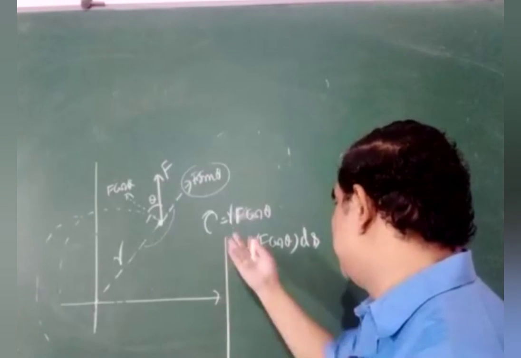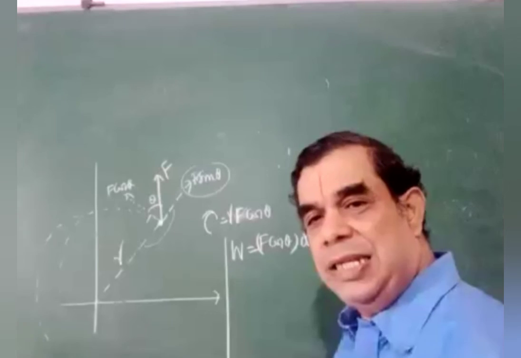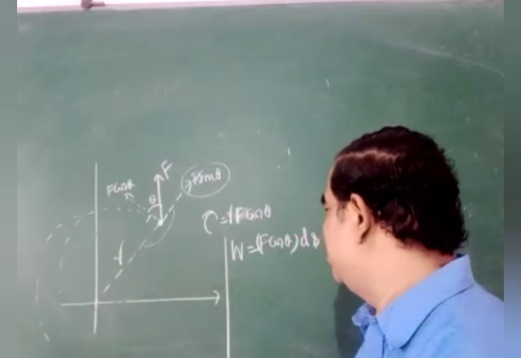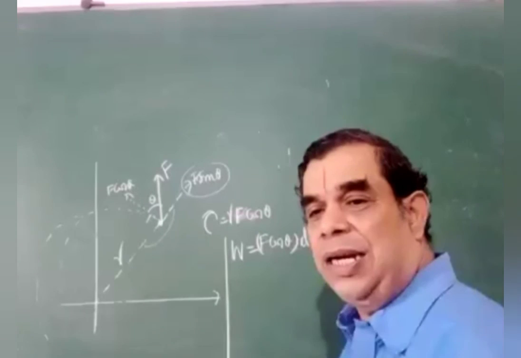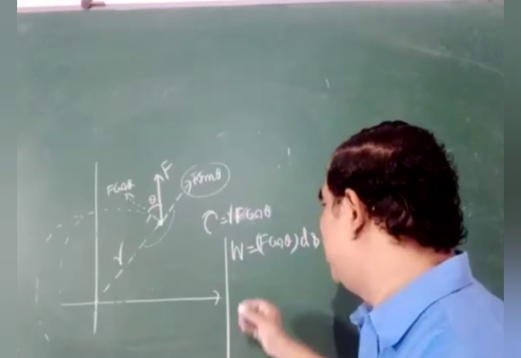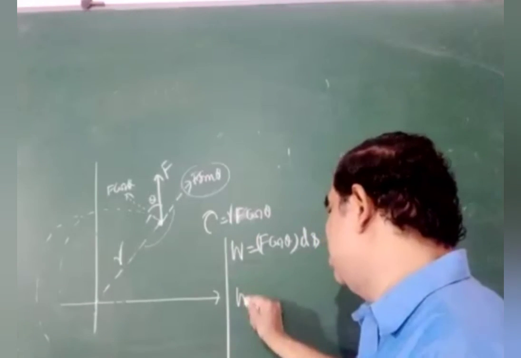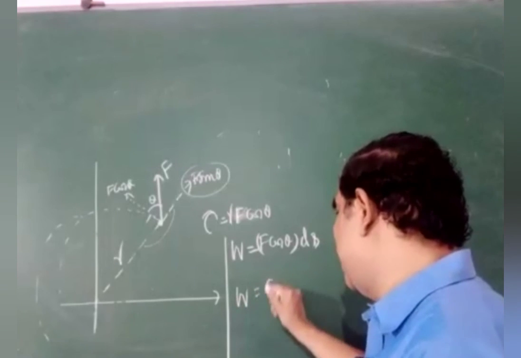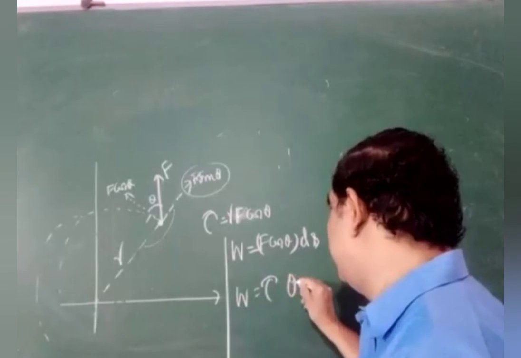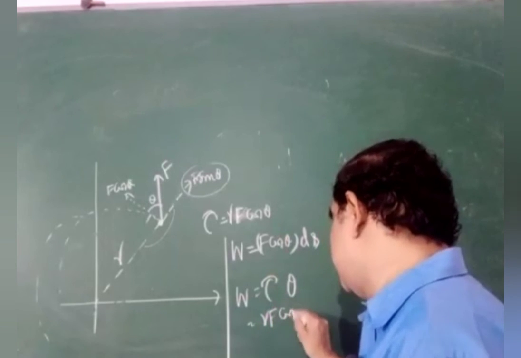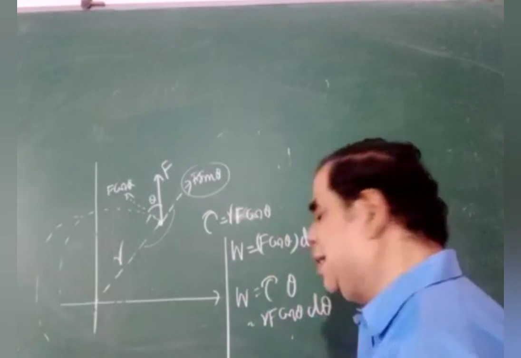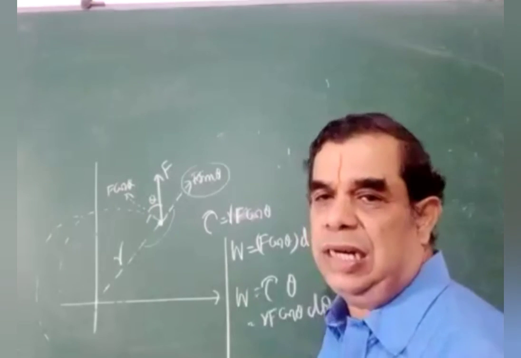So by using this idea, I can simply write it in the same manner as tau d theta. But that's not required. We can straight away write down work done as tau theta. Tau is RF cos theta, d theta.